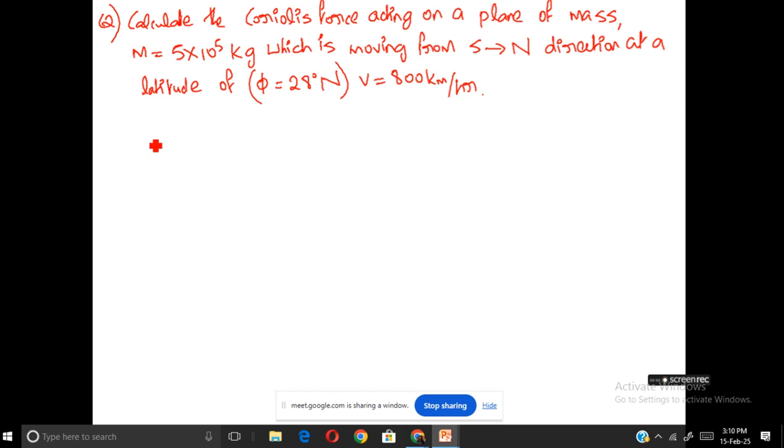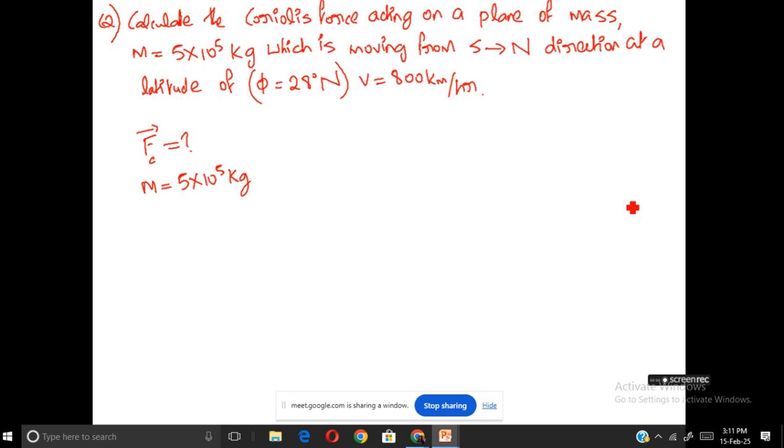So we have to calculate F Coriolis. Just write this as F Coriolis, acting on a plane of mass m. M is given as 5 into 10 raised to 5 kilogram.